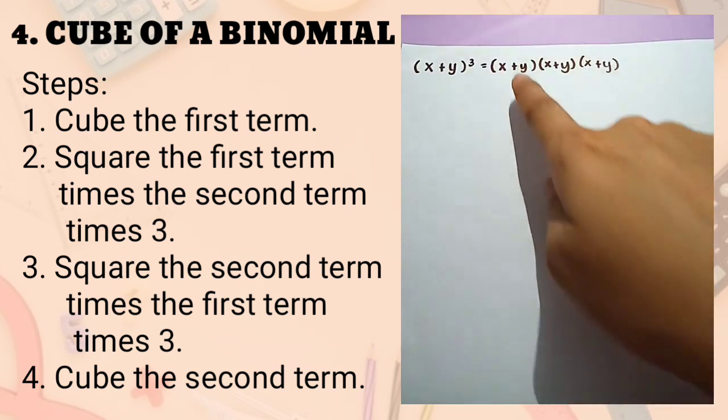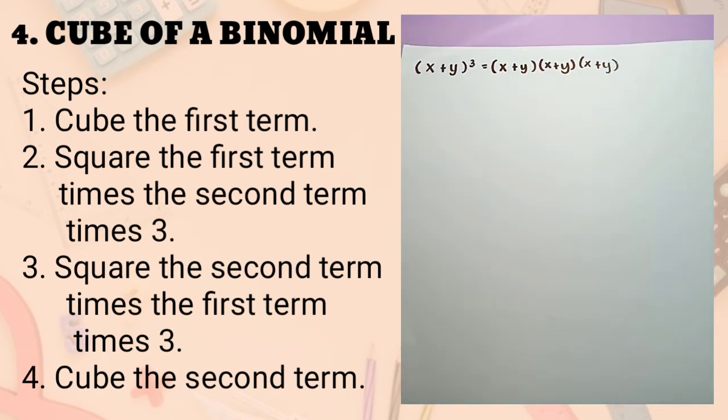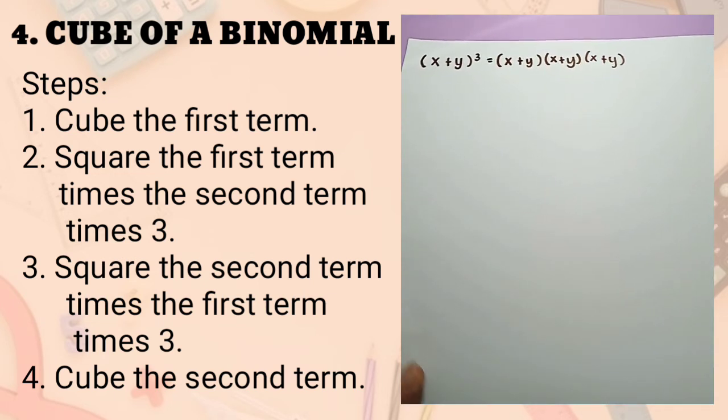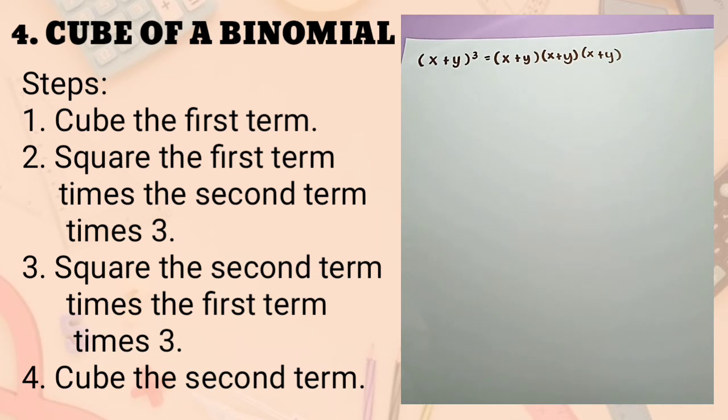So, ibig sabihin na-multiply natin ng tatlong beses. Pero sa cube of a binomial, ito nga yung pattern kung saan mas mapapabilis tayo sa pagsosolve at pagmumultiply ng mga binomials kung susundin natin yung ating mga step.